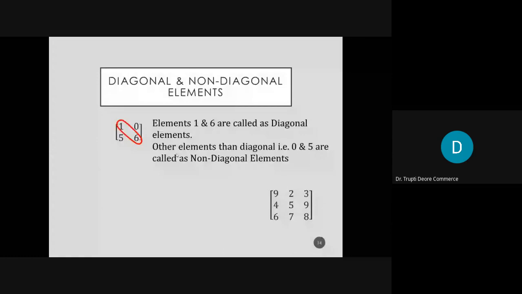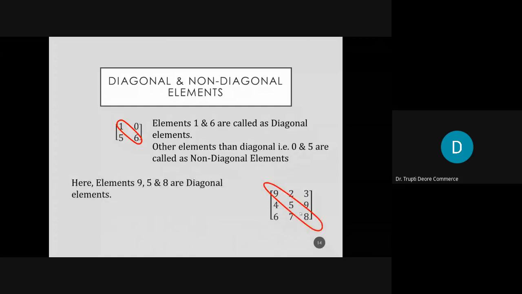Now for the second, the 3 by 3 matrix, the diagonal will be this one: 9, 5, 8. These are diagonal elements, and the remaining are non-diagonal, that is 2, 3, 9, 4, 6, 7. These are the non-diagonal elements. Is it clear? Yes, ma'am. Is there any difficulty?